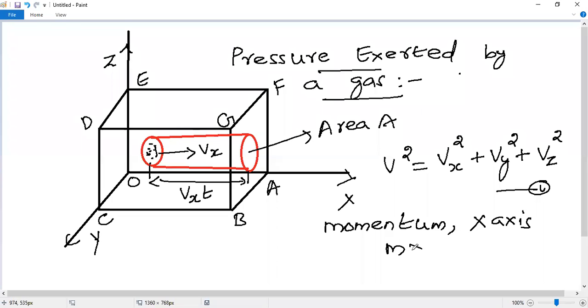It is moving along the x-axis, so mass times velocity Vx, because it moves in the x direction.